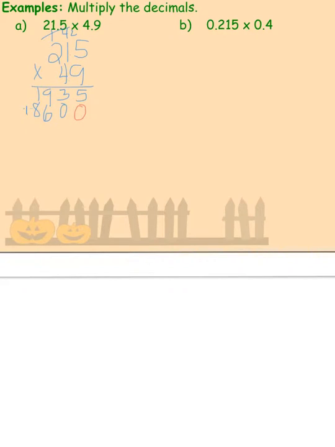Now we add the two together. 5, 3, 15. 8 plus 1 is 10. Now again, on this one, so often students put the decimal point in the wrong place because you have to ask yourself, how many numbers are after the decimal point in the problem?